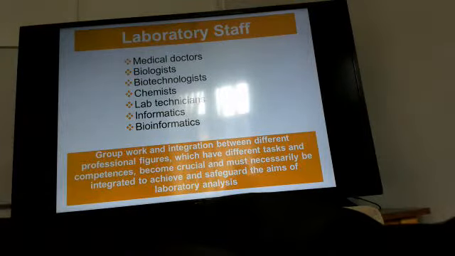And also bioinformatics is a novel science that is now growing because we have novel technologies for the study of metabolites, and also for DNA and RNA study that produce huge amounts of data. And these data cannot be analyzed manually.